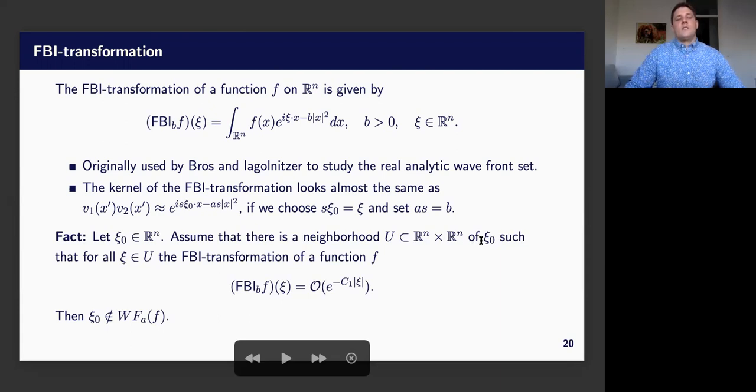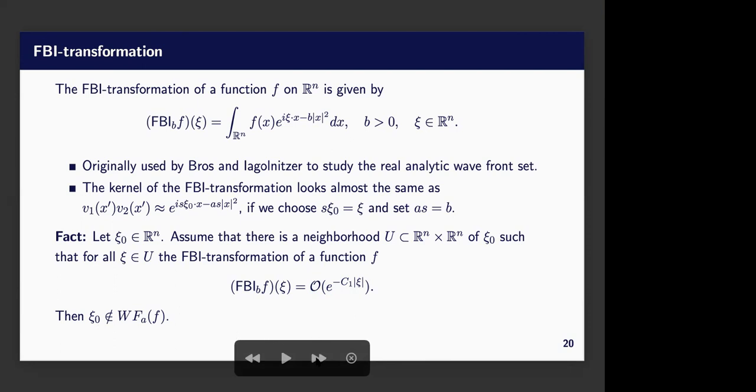And we assume that for all psi in this neighborhood U, the FBI transformation of the function satisfies this exponential decay condition. If this is true, then by a theorem, psi naught is not in the analytic wavefront set of f. This is not specific to Rn, but I guess it is quite well known.